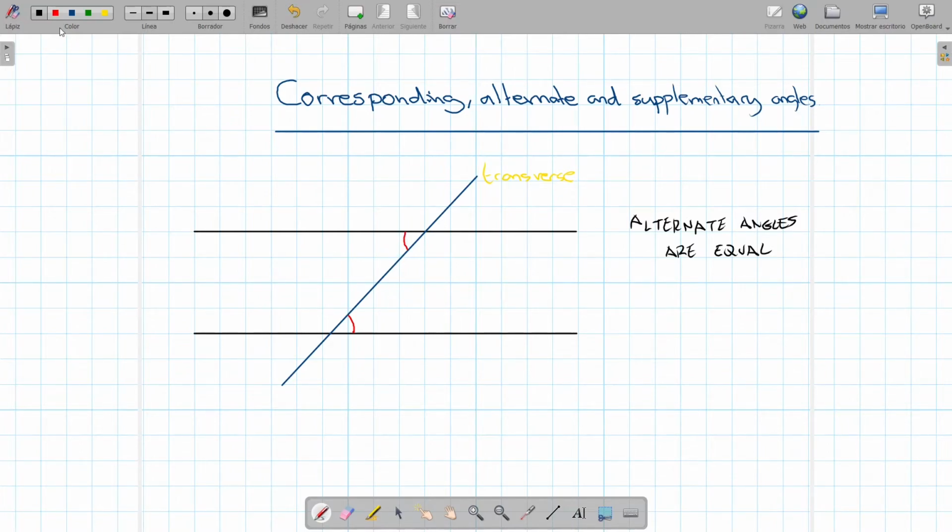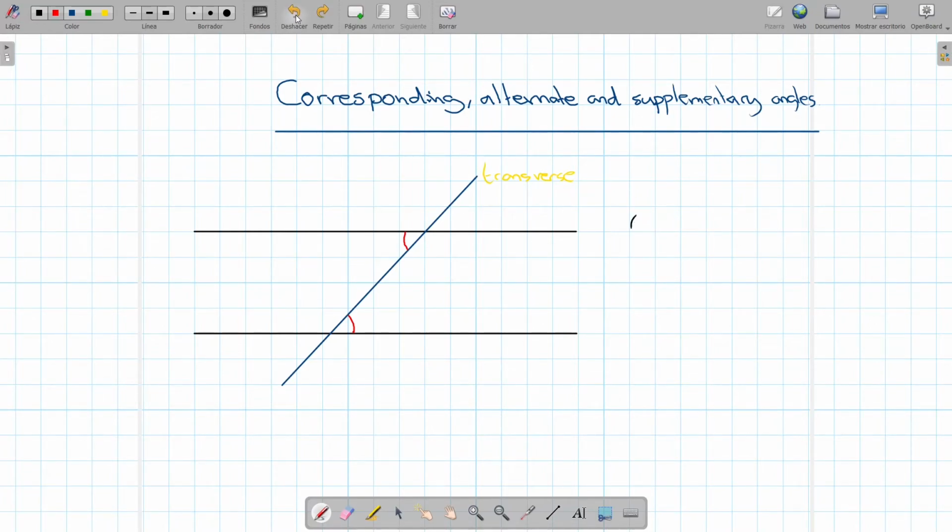And those two are alternate angles, and these two are alternate angles. So A equals A equals A, and B equals B because they're alternate angles. Easy.